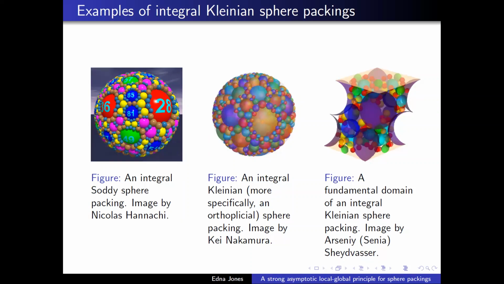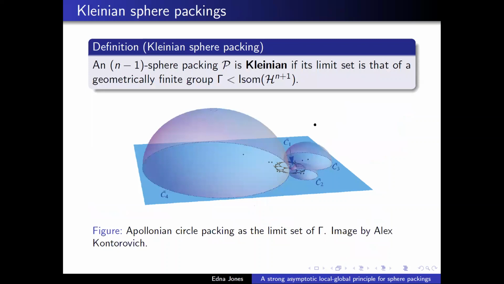So given these few examples, I should probably tell you what the definition of a Kleinian sphere packing is. An n-1 sphere packing P is Kleinian if its limit set is that of a geometrically finite group gamma of isometries of n+1 dimensional hyperbolic space.